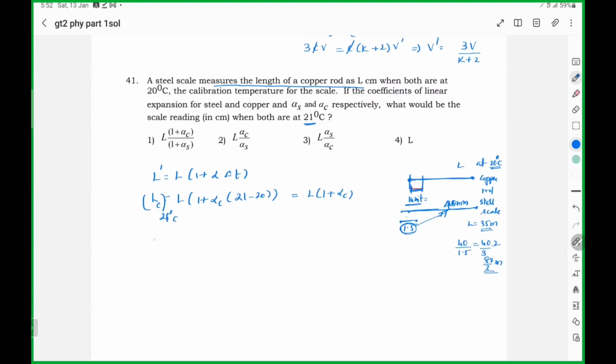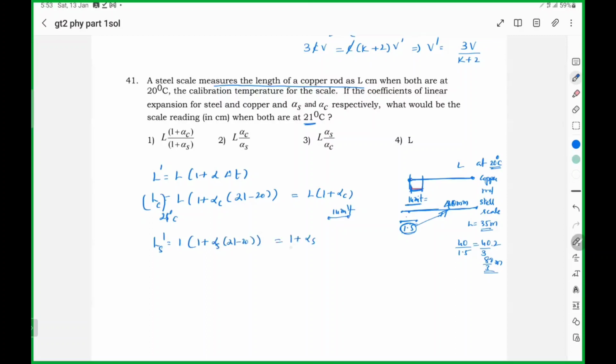So the steel scale is originally 1 unit length. Here I am taking 1 unit. How does 1 unit length change? It becomes 1 plus alpha steel times the temperature increase.